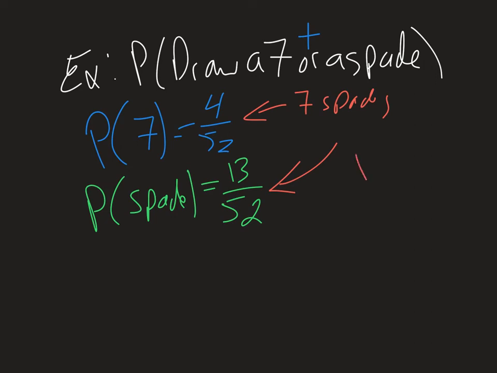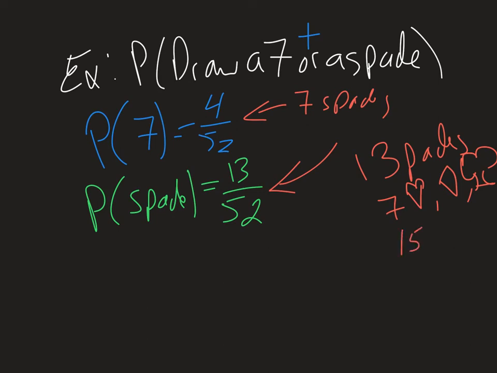We can say, okay, there's 13 spades, and I'd also find success if I have the 7 of hearts, or the 7 of diamonds, or the 7 of clubs. And that would lead me to believe that there are 15 ways that I could pull this off, 15 out of the 52.